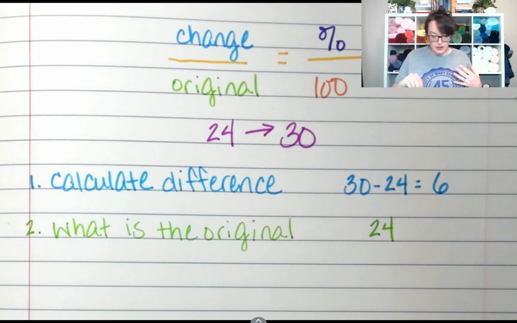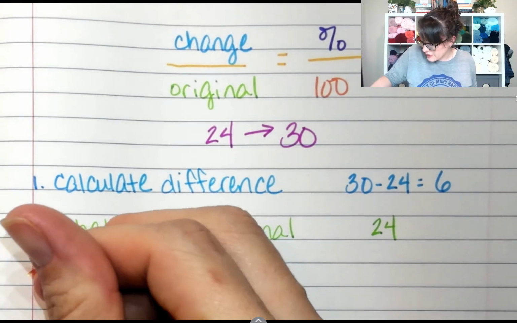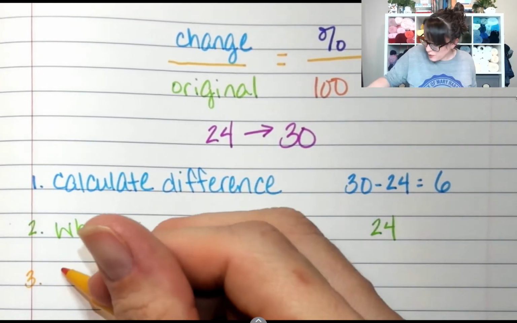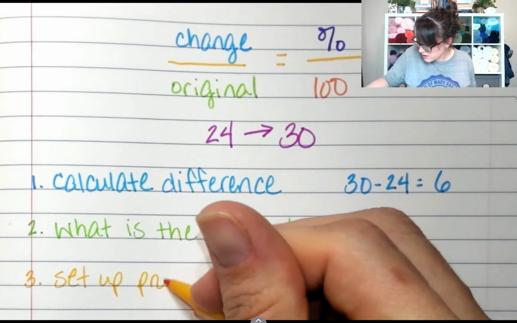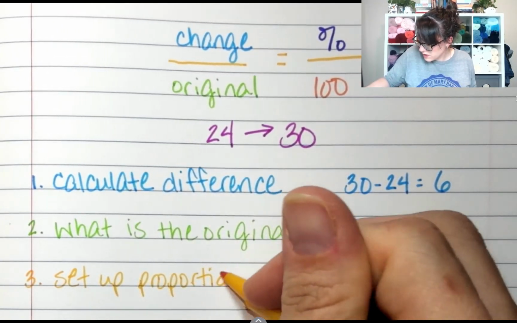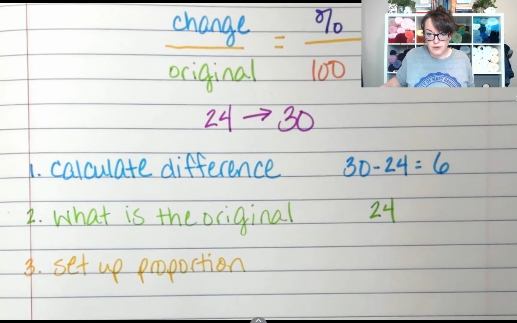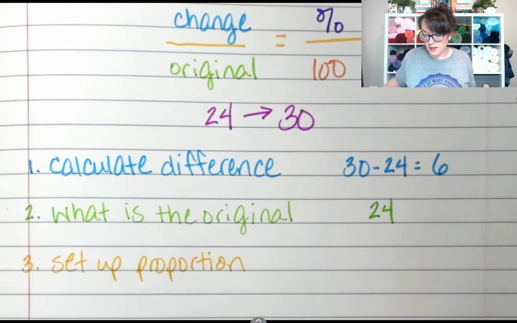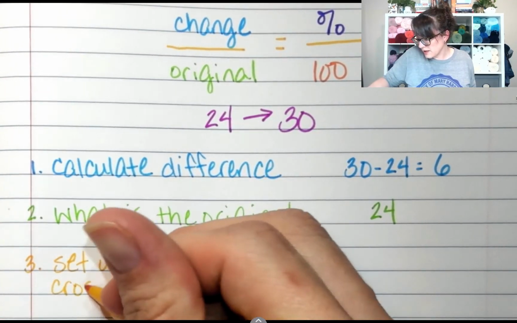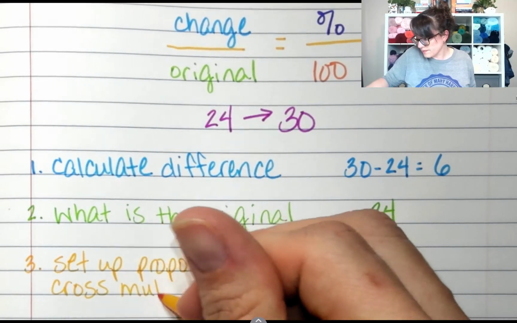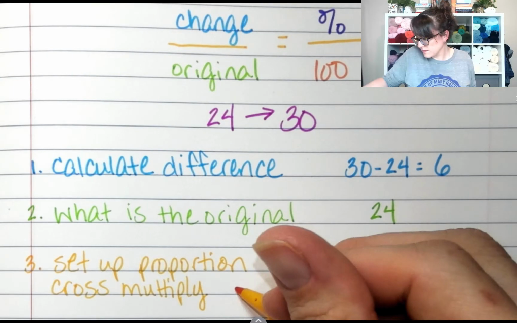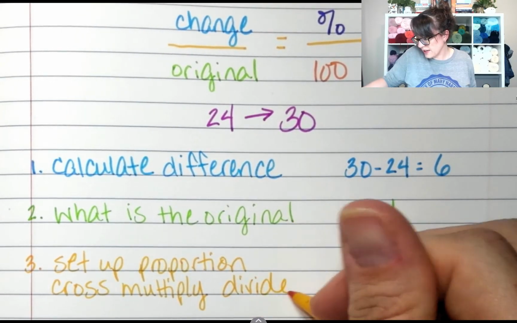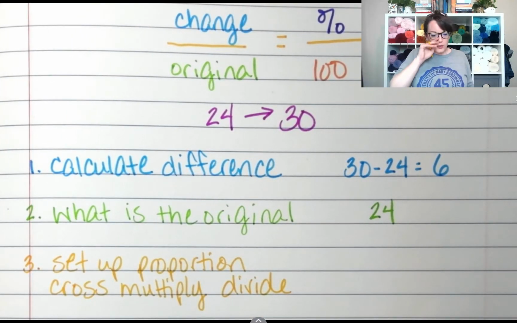Step three, we set up the proportion and solve it by cross multiplying and dividing.